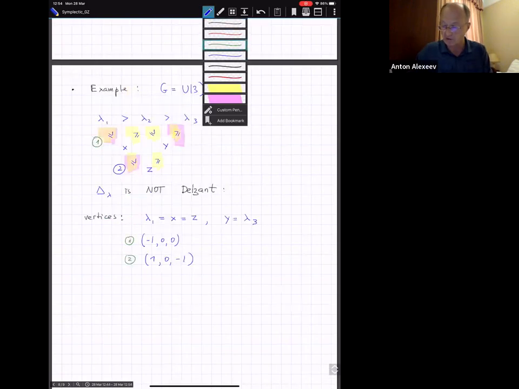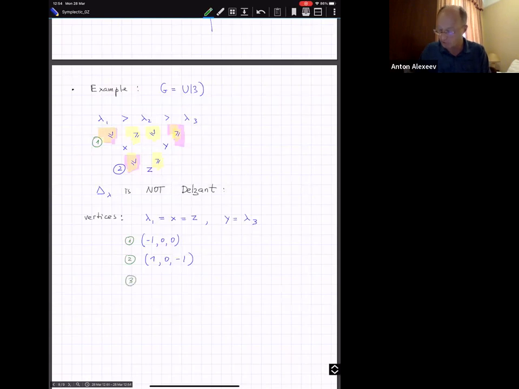And finally, the third one, y greater or equal than lambda 3, is (0, 1, 0).